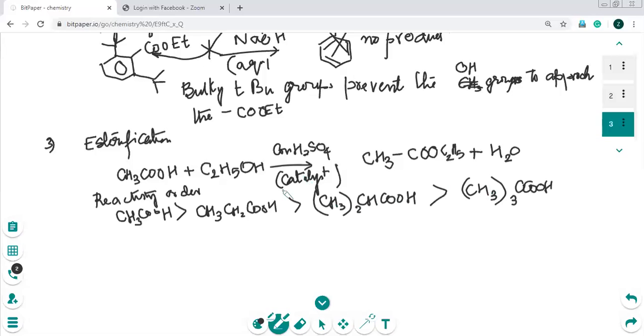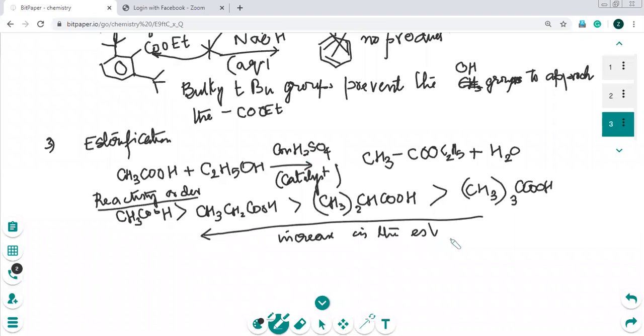That means if you increase the number of methyl groups here, the rate of reaction decreases. So this is the reactivity order, the increase in reactivity of esterification.